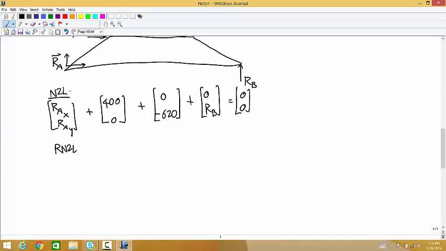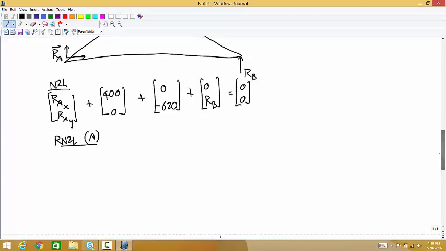If you do the moment equation about A, you get, how long is each of these members? They're all different. The bottom is 5 meters, A to B is 5 meters. The whole thing, A to B, is 5 meters.